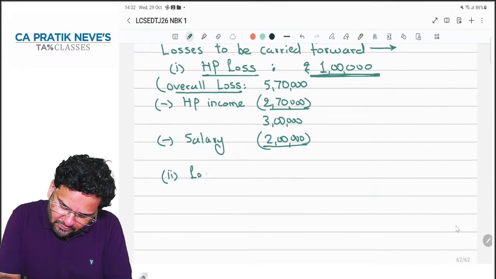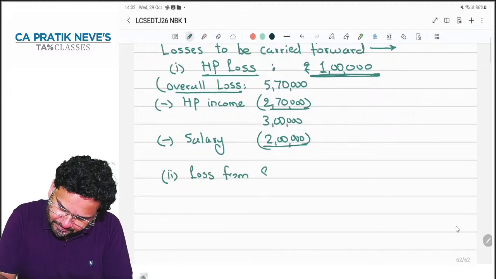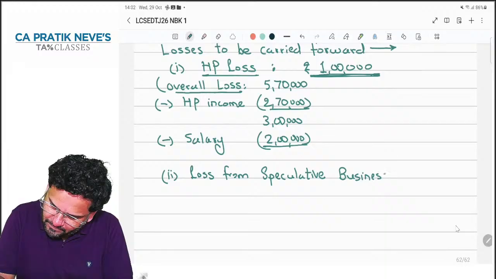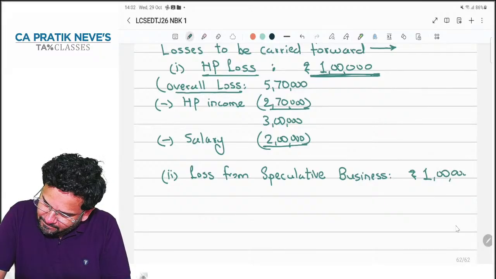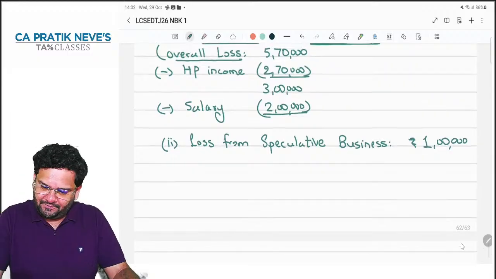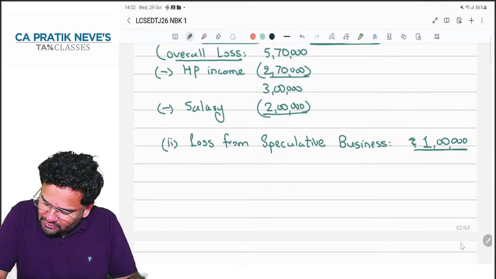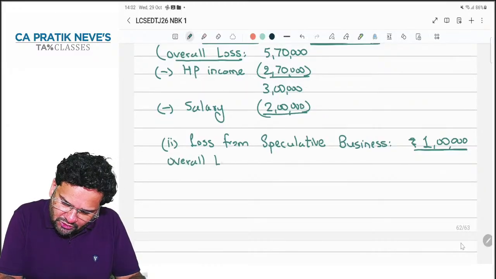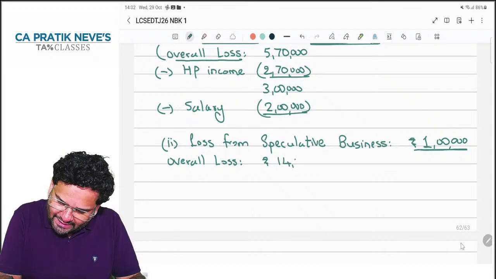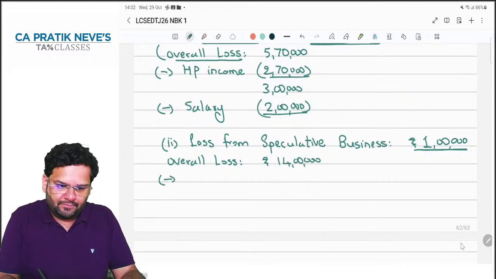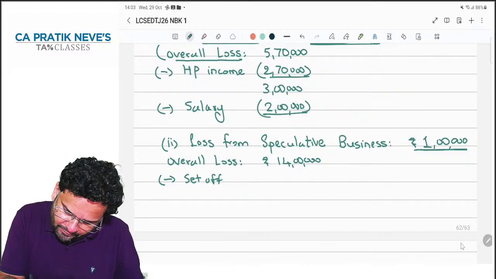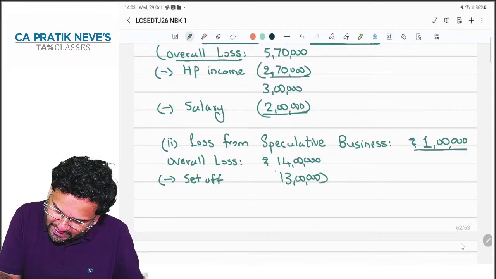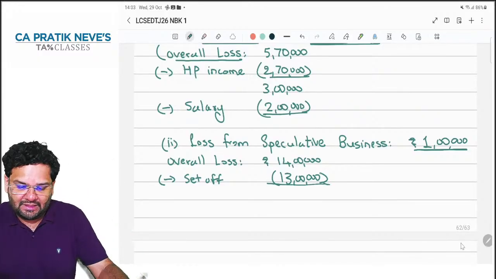Show the working. Overall loss was 14 lakhs less set off up to 13 lakhs. So remaining was 1 lakh. Clear? Next.